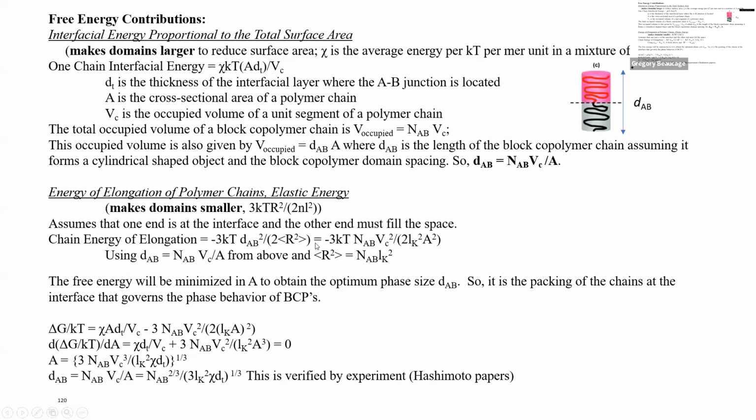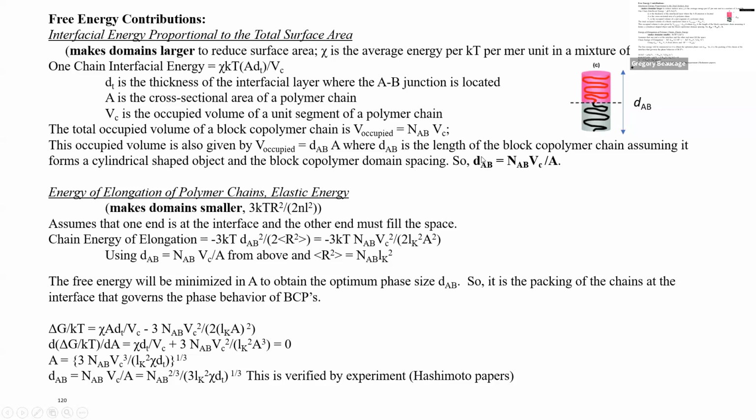Then with that, you can rearrange this thing to include, let's see, the occupied volume is the distance D_AB of the chain times the cross-sectional area again.